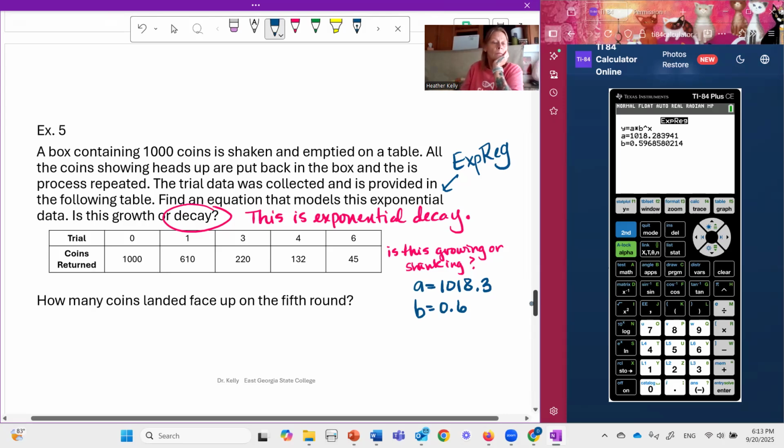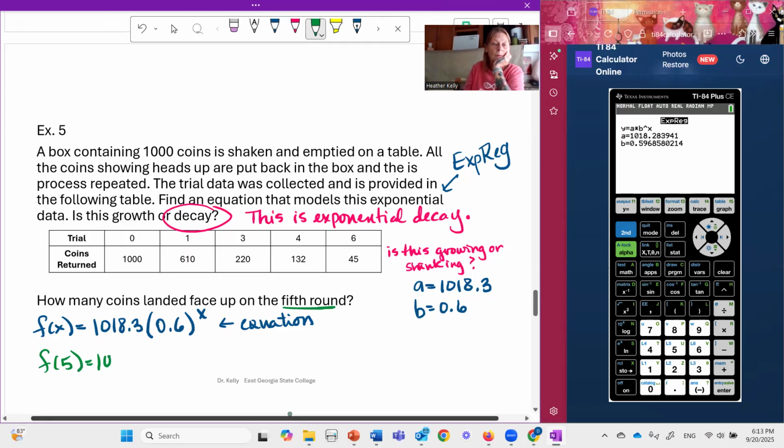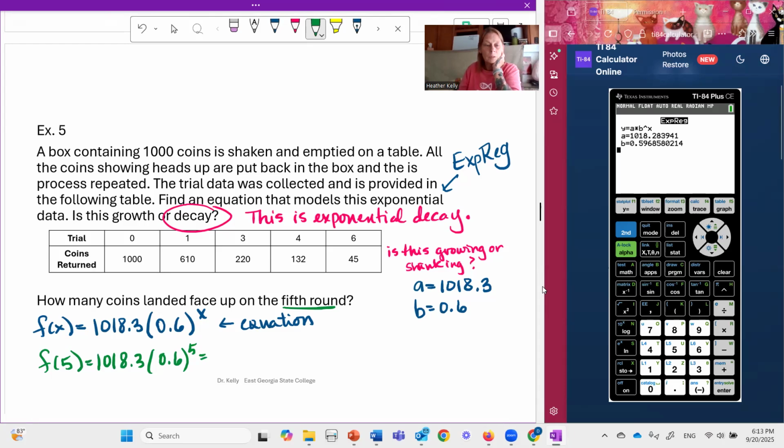Okay, so our function f of x is equal to 1018.3 times 0.6 to the x power. This is the equation. Now it asks us to find what happens on the 5th round. So we would say f of 5, so let's get that.